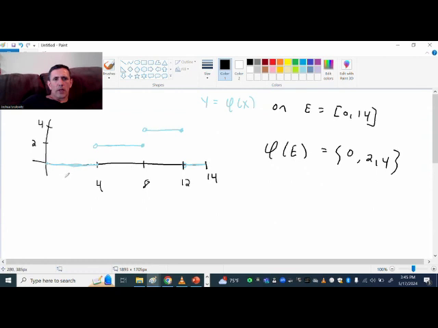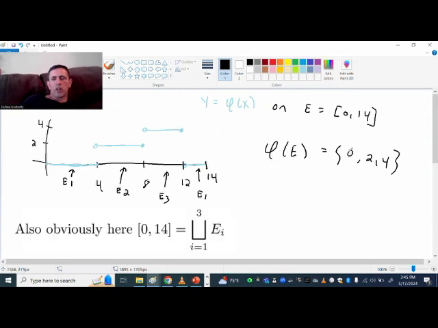Here's E1, here's E2, and here's E3. So remember, E1 is where the function is 0, E2 is where the function is 2, and E3 is where the function is 4. So of course, n is 3 here.